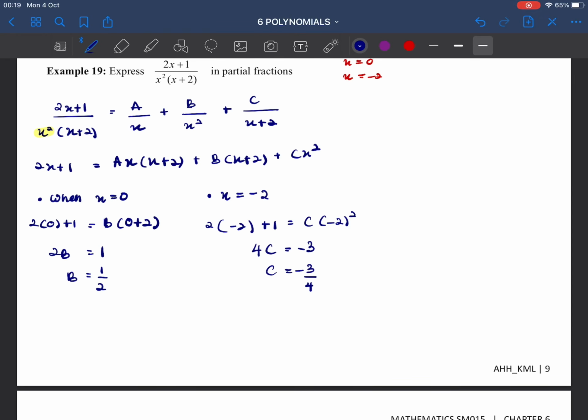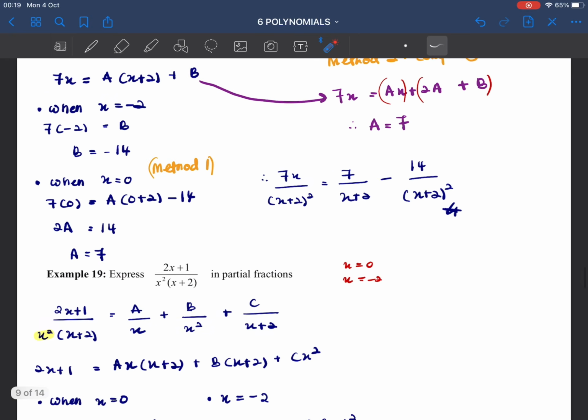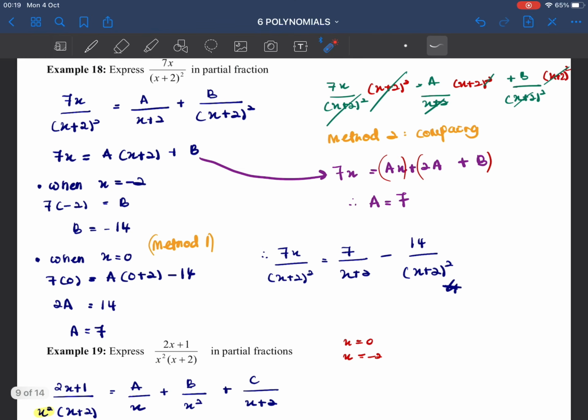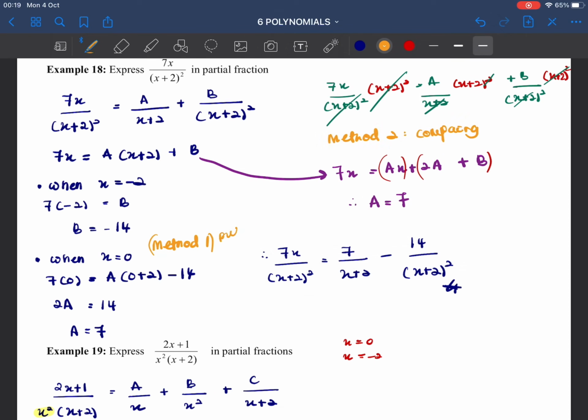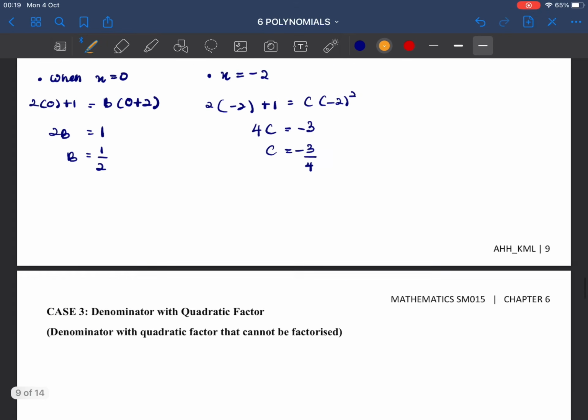Okay, now we have the value for b and the value for c. And we need to find the value for a. As I said earlier, we have two methods. You can use method 1 or method 2. If you want to compare, you can expand. If you want to sub any value, just substitute any value. So now let's do the first method. We put any value that we want.